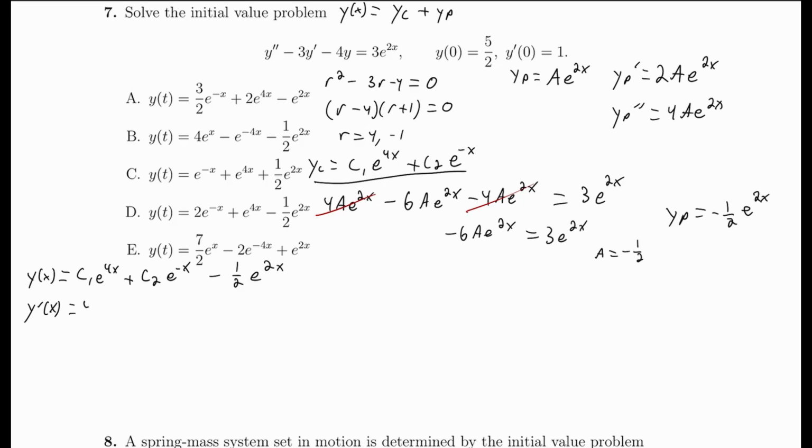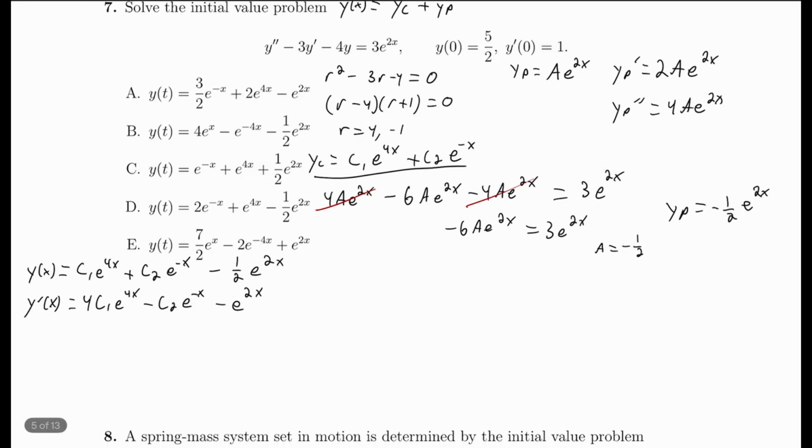Y prime is equal to 4c1 e to the 4x minus c2 e to the minus x, and then that'll be minus e to the 2x. We can go ahead and plug in our first initial condition. We're going to get 5/2 is equal to c1, that'll become e to the 0 is just times 1.